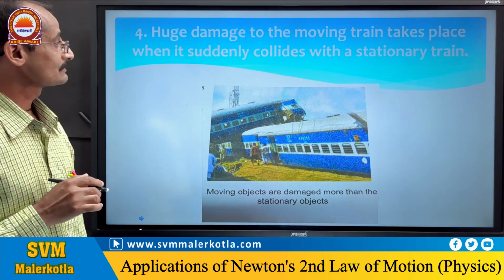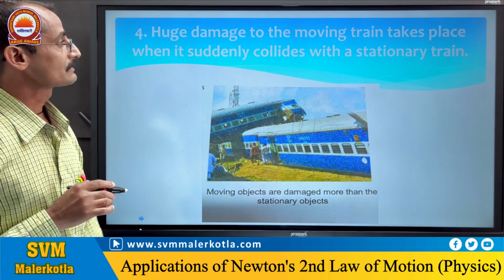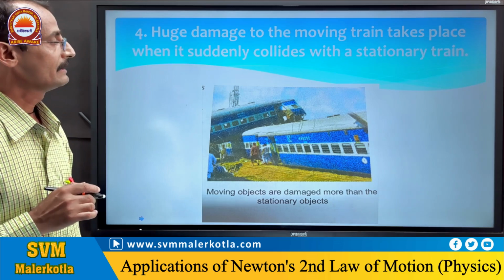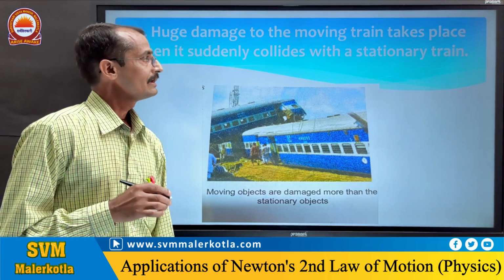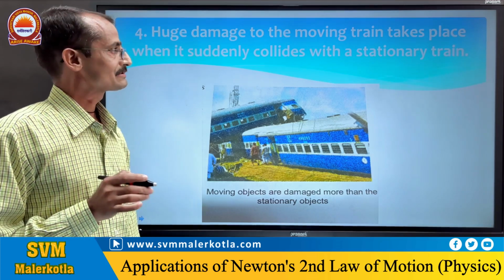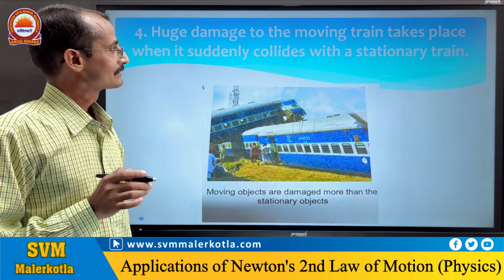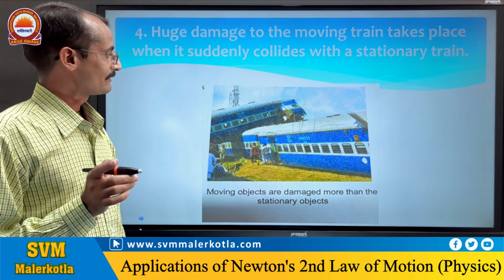Huge damage to a moving train takes place when it suddenly collides with a stationary train. As you know, a train accident took place on 2nd June in Orissa. What happened there at Balasore?